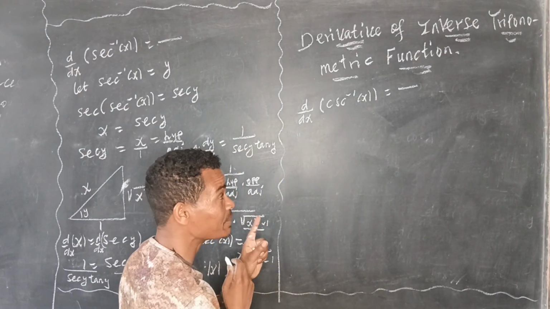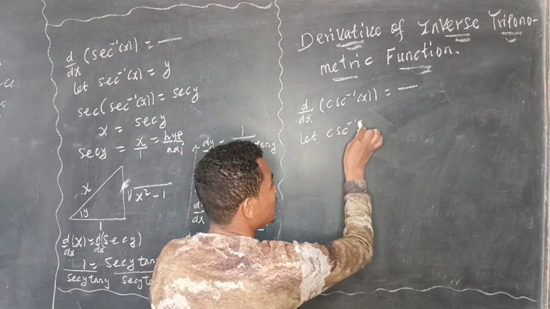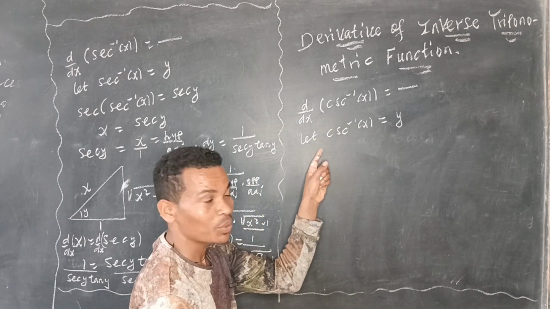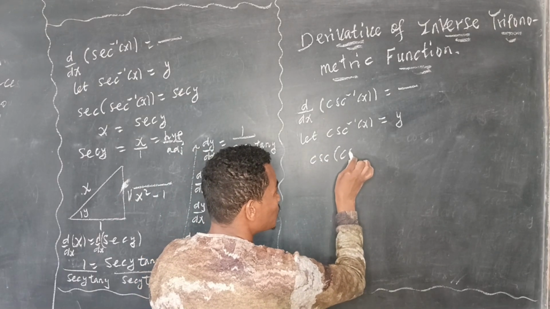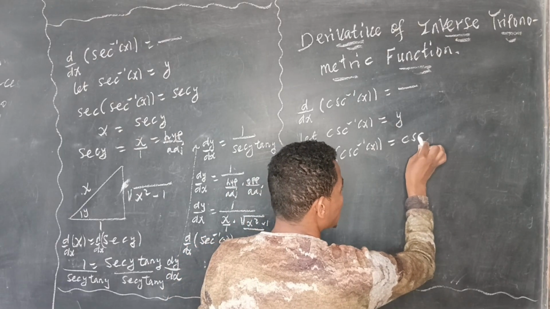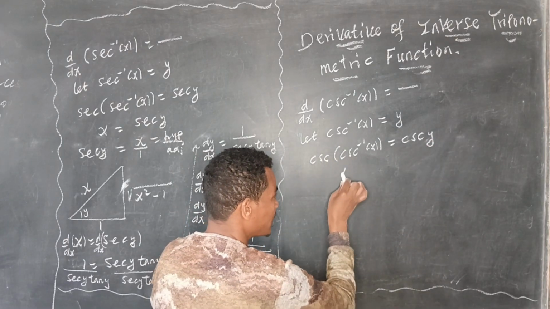Again, we apply the same technique, that is let cosec inverse of x is equal to y. Both sides apply cosec. Cosec into cosec inverse of x is equal to cosec y, which is x.